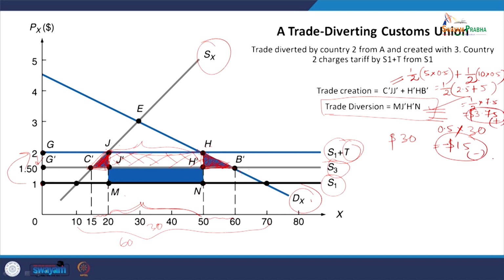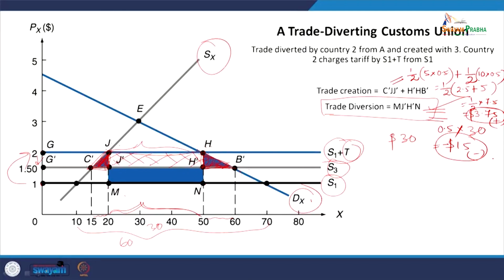Now, given this context, we have derived the fact that the trade diversion amount is higher than the trade creation amount. Trade creation has a value with a positive sign of $3.75, as against trade diversion of minus $15.